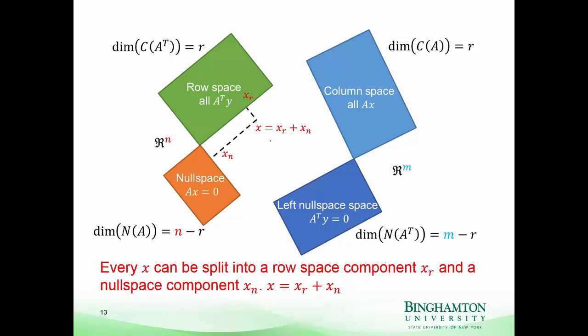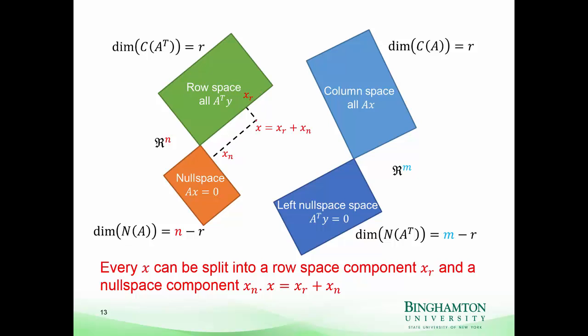So you give me any x, it doesn't matter where it is. Obviously, if you give me an x that lies in the row space, then I only need the 0 from the null space. You give me something that lies in the null space, I only need the 0 from the row space. But you give me something that doesn't lie completely in either of those, and now I can build it from one thing in the row space plus one thing in the null space.